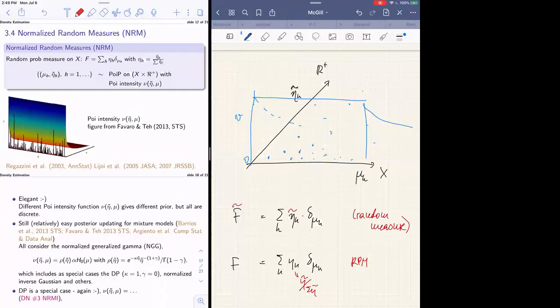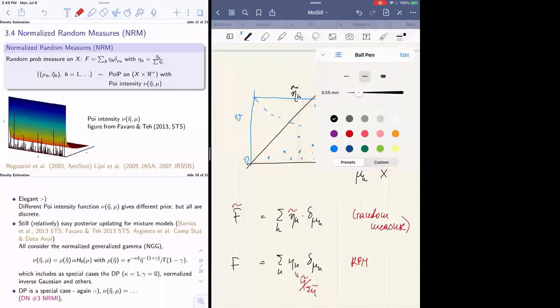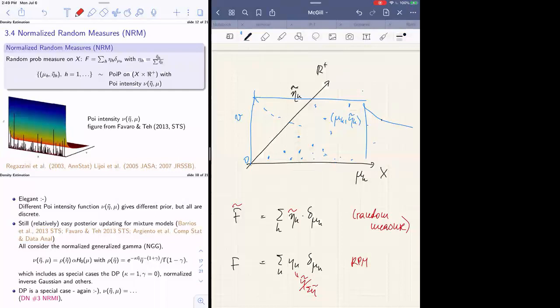So now I have my realization of the Poisson process. So I have here a random configuration under the Poisson process. Each of these is like a pair, mu sub h, eta tilde sub h. What I do now with each of these pairs, let's do that in gray, so I don't mess up my picture too much. I take each of these pairs, for example, this pair here, and rotate it up.